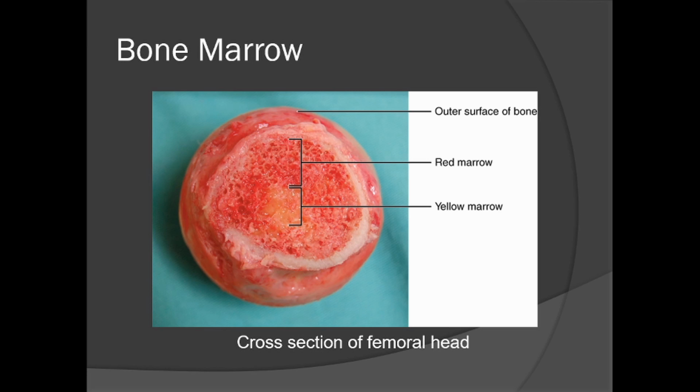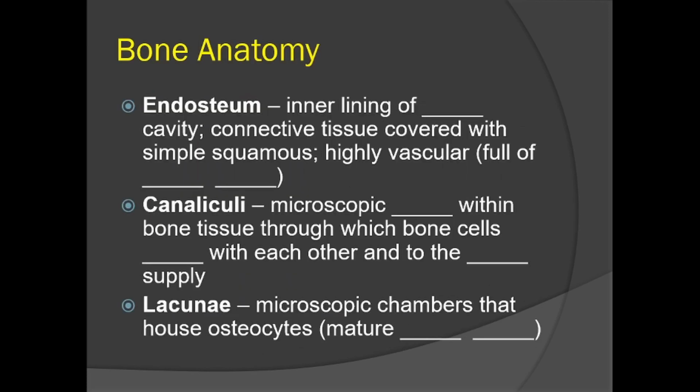And so you can see how the adipose gives it that yellowish color to the yellow marrow. So we don't have entirely red marrow in one location, or only entirely yellow marrow, but the two of them are found together. So, a good picture of the femoral head looking down into it.